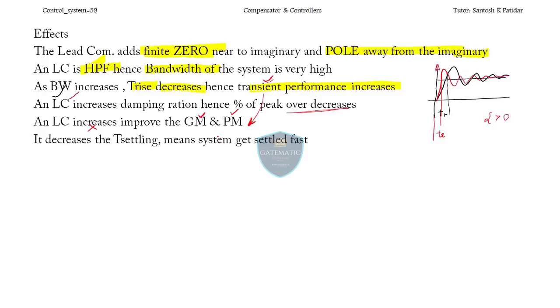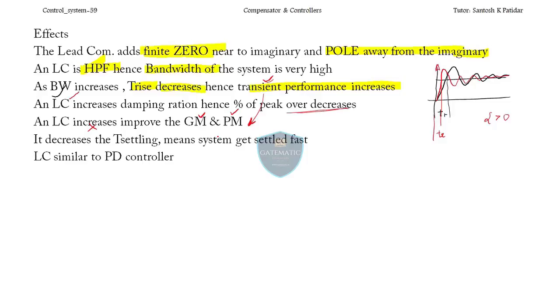The lead compensator makes the system smart or more active. In inverse of this, the lag compensator will add some sluggishness into the system. You are getting me?